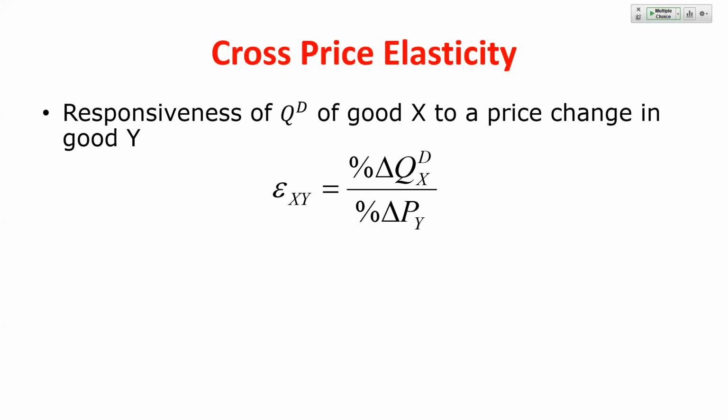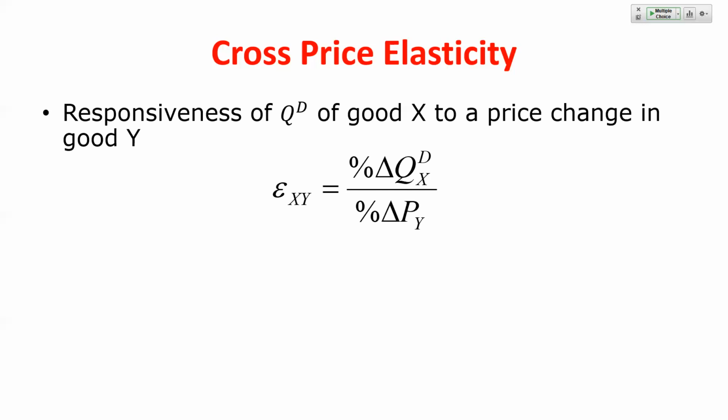But more so, we'll use this cross price elasticity to measure something else. Instead of demand, it's a cross price between goods X and Y. Before, I wanted to know how the percentage change in quantity of good X changes with a percentage change in the price of good X. Now I'm interested in how the quantity of X changes in response to good Y's price change.